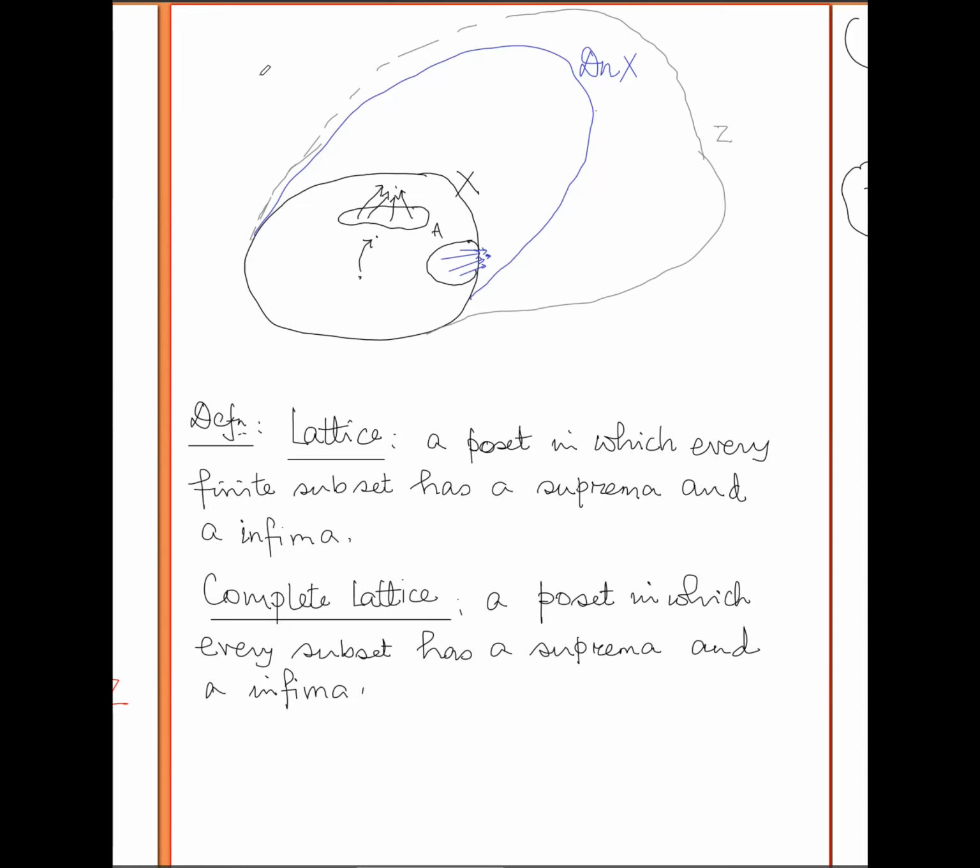See over here, the imperfection was the non-existence of suprema. Suprema may not exist, so we wanted to plug in those holes. But when we start plugging in those holes, we have to keep in mind that we were in an ordered set. So if we plug in a hole of a smaller set, it should also have some connection with the suprema of smaller subsets, right?